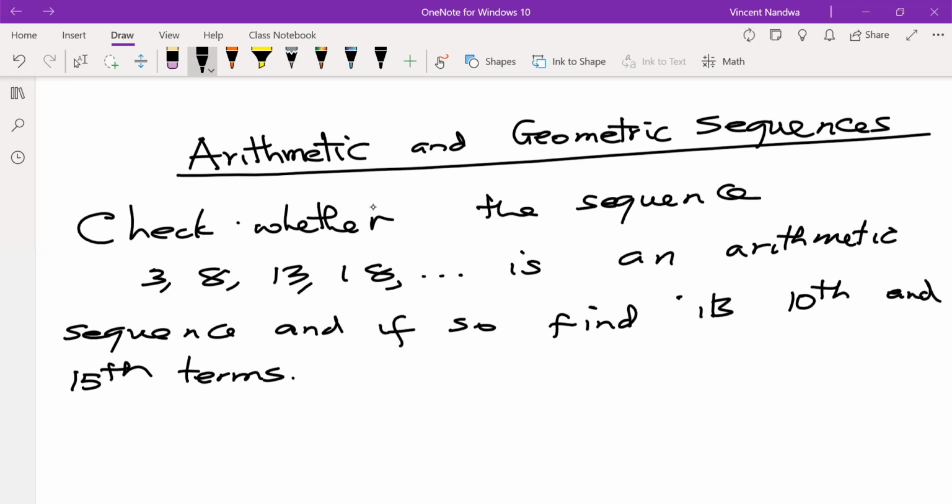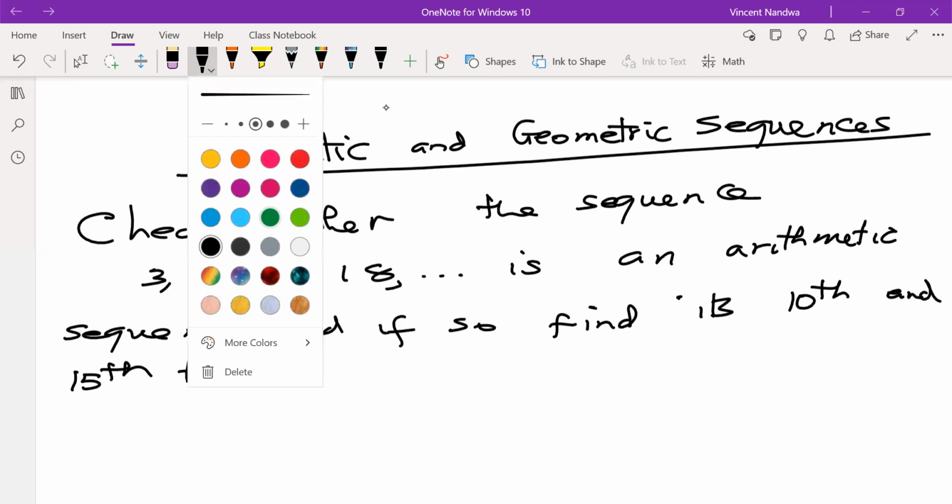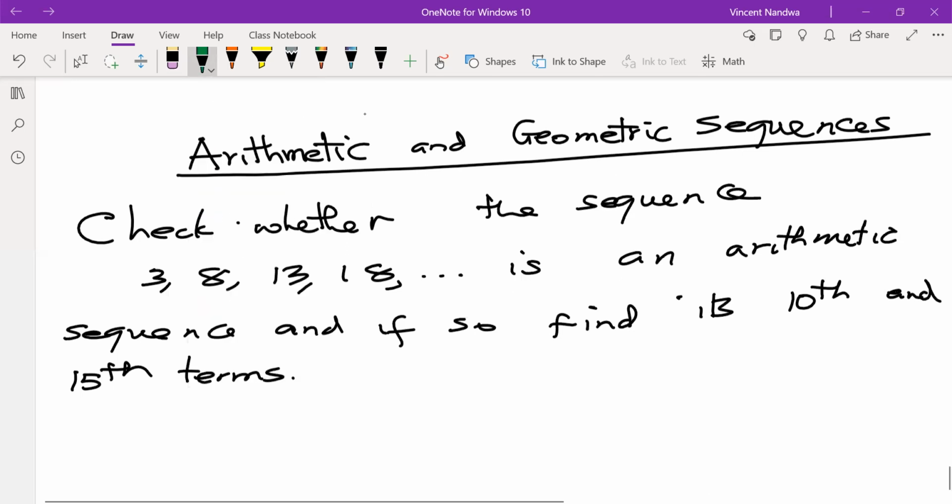So we have to check whether the given sequence is arithmetic, and if so, to find the 10th and 15th term.